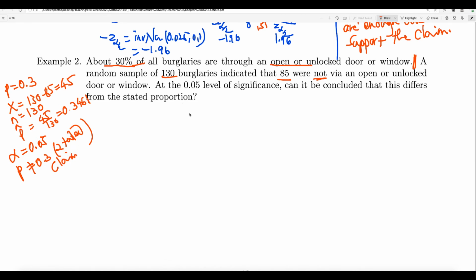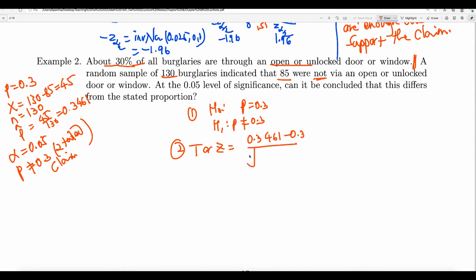Do exactly the same steps. Number one, H0 is p equals 0.3, H1 is p not equal to 0.3. Number two is the test value z. It is p hat minus p, that is 0.3461 minus 0.3, divided by the square root of p times q over n.